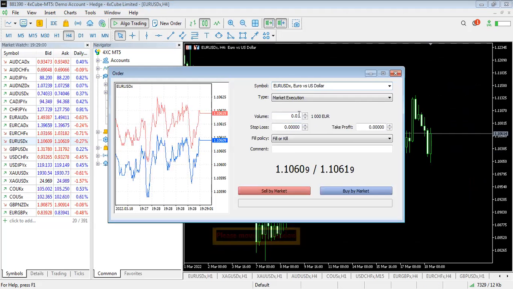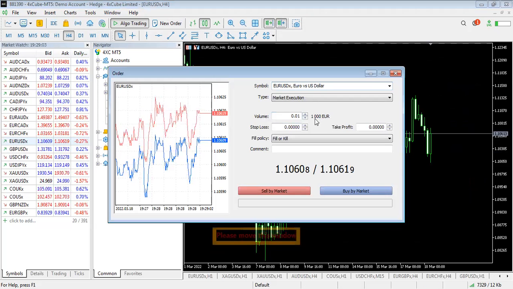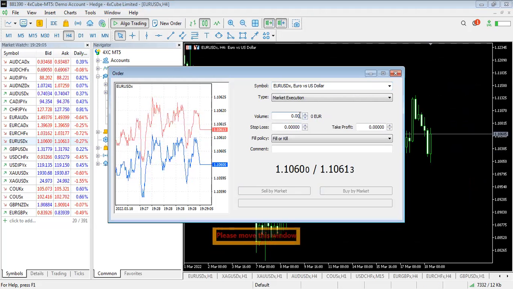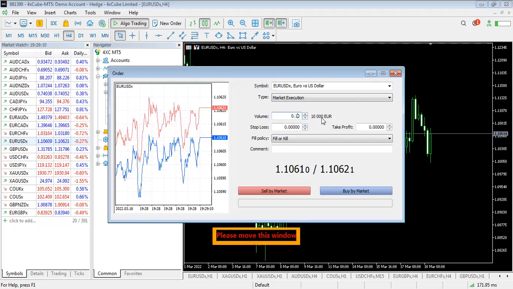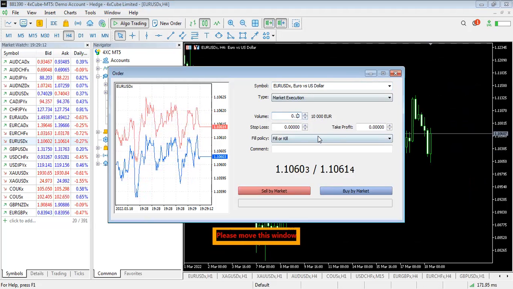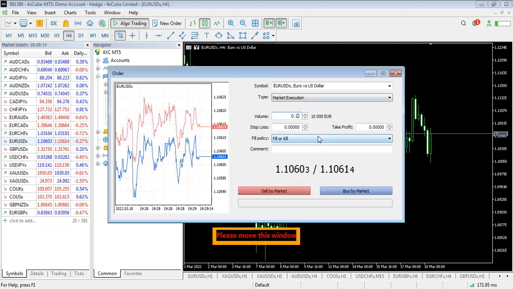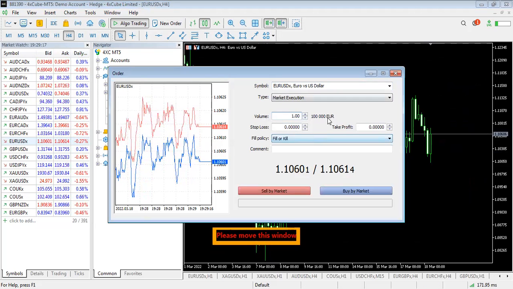Because it's 0.01, it says 1,000 euro. That's the unit. 0.1 is 10,000 euro, the base currency. Then if it's one lot, 100,000 euro.